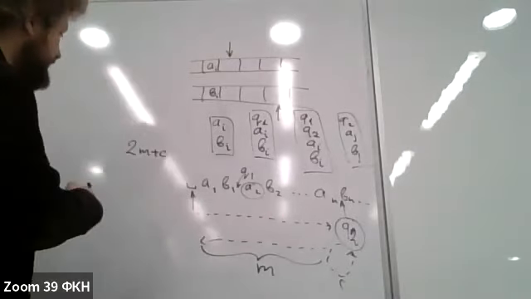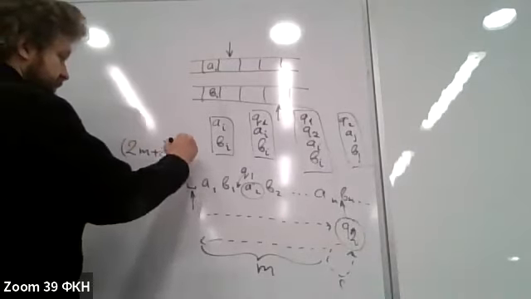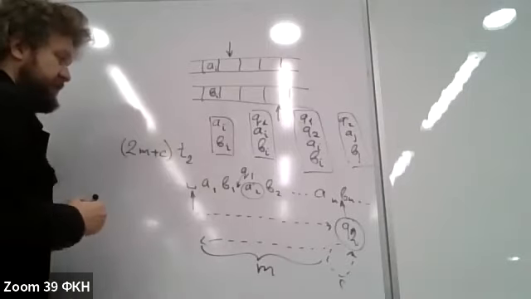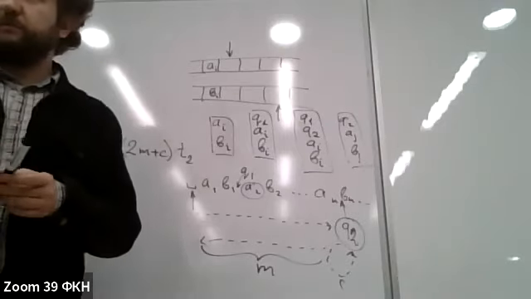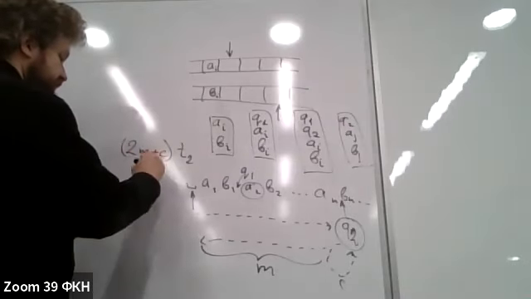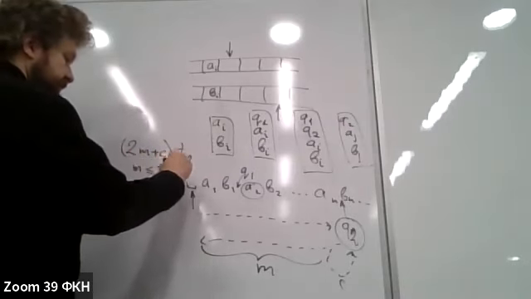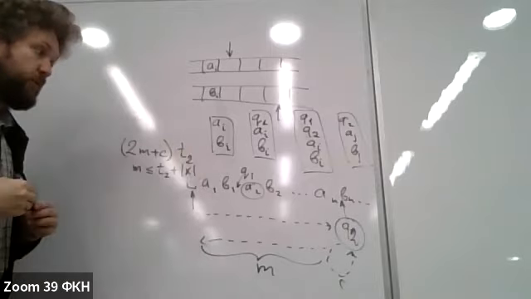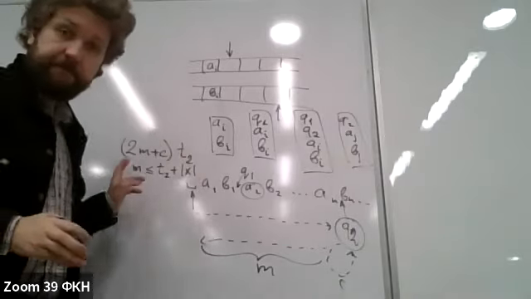And this should be multiplied by the running time of the two-tape Turing machine. And the next idea is that this m is less than or equal to T2 plus the length of the input word. Why?